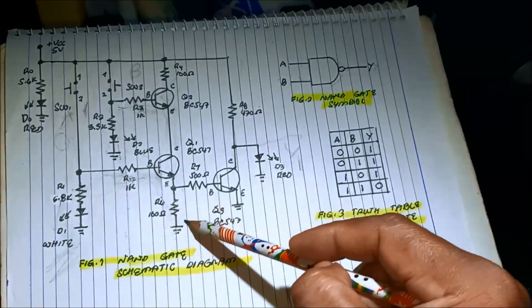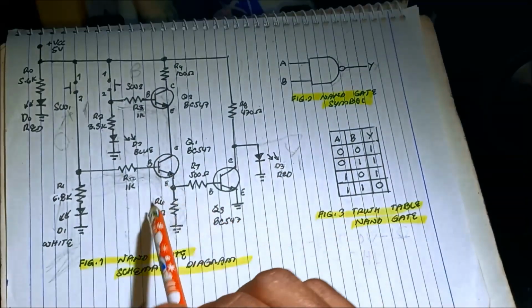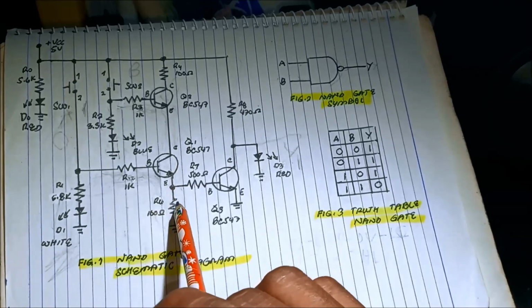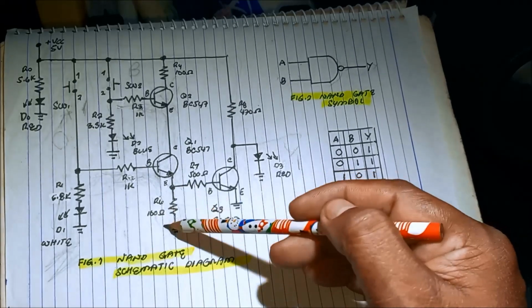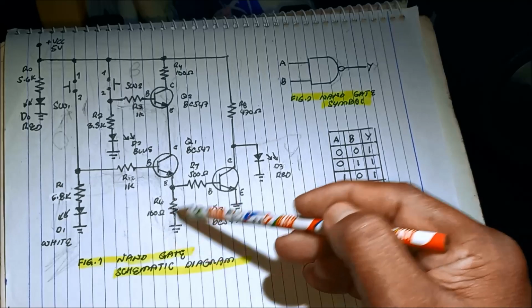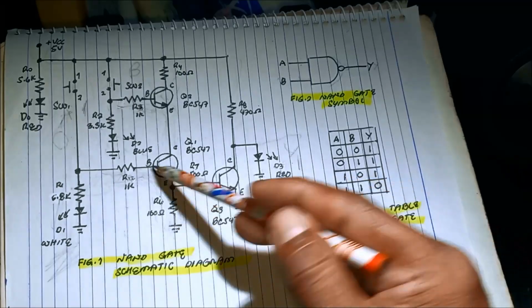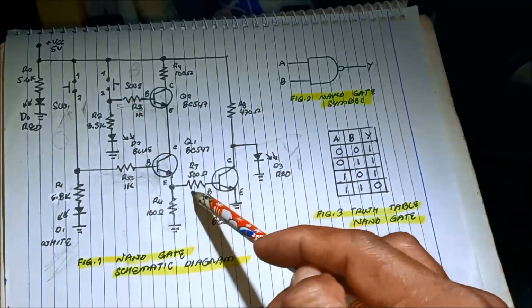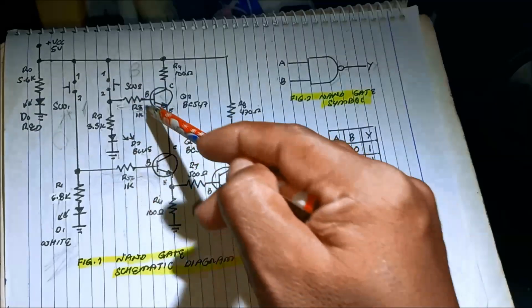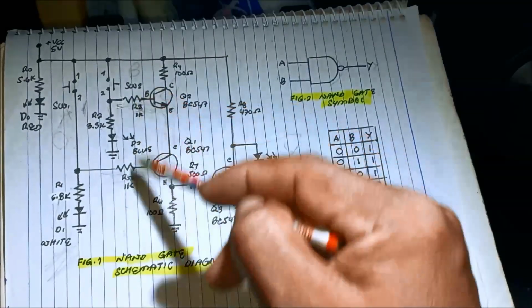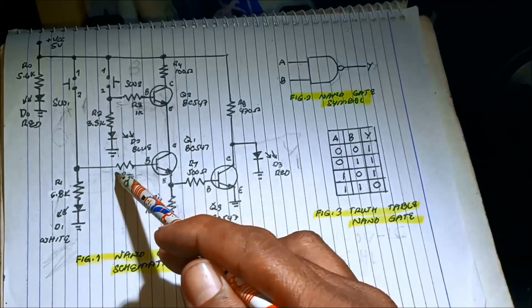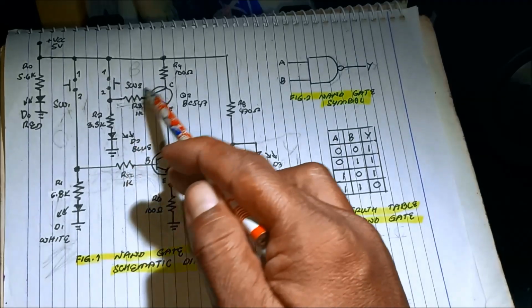What is the use of this resistor now? This serves as a current sense resistor. So all the current will now go into this branch. What is the use of the resistor here? That is the base resistor, or the bias resistor, in order not to damage the transistor.